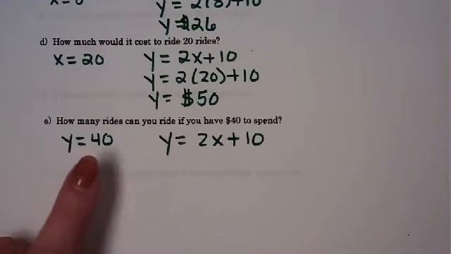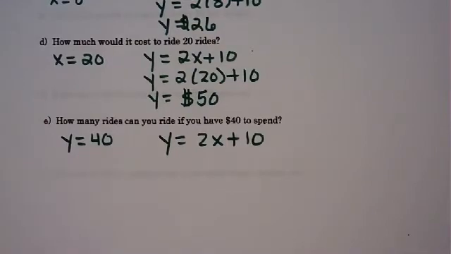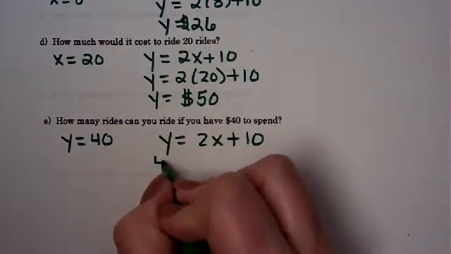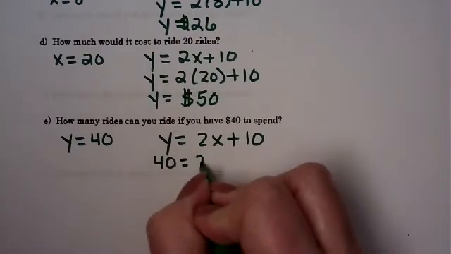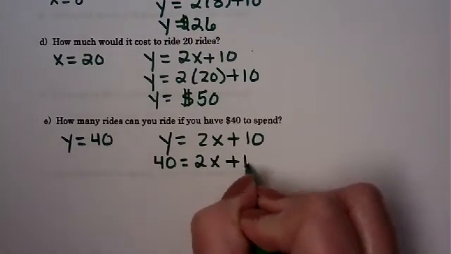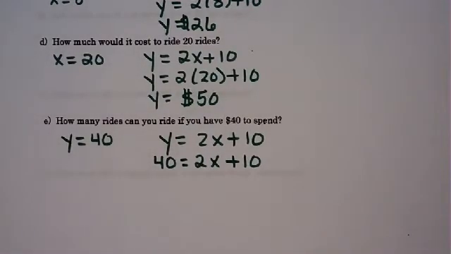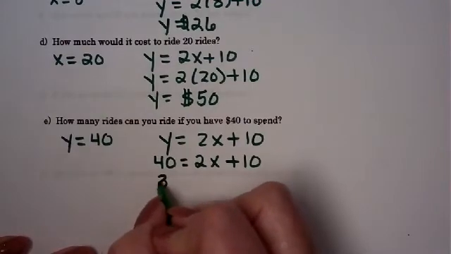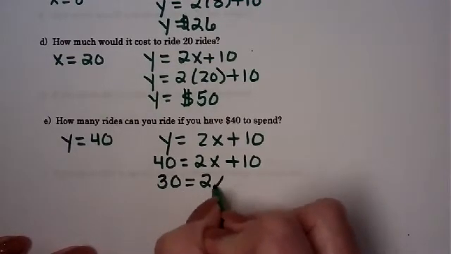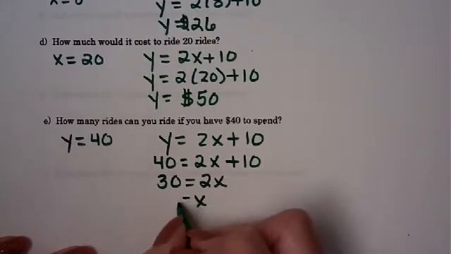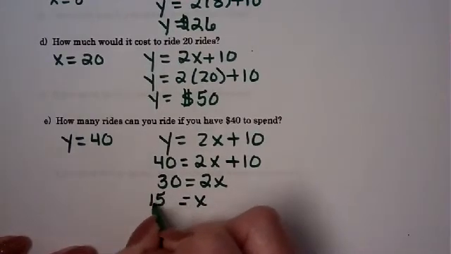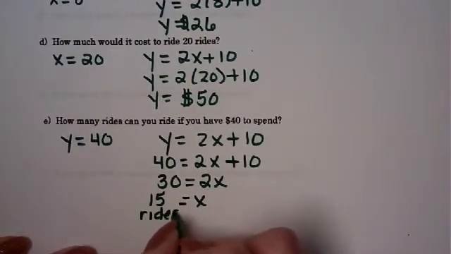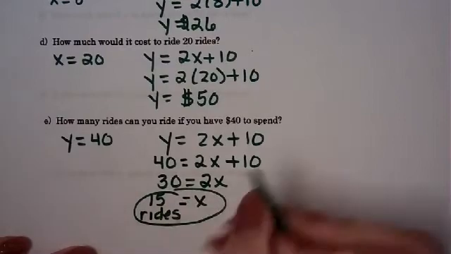But this time I'm going to put the 40 in place of the cost or the y. So I've got 40 equals 2x plus 10. Now, all I'm going to do is solve this two-step equation for x. So I'm going to subtract the 10. So I've got 30 equals 2x. And then divide by the 2, so x equals 15. What does that mean? I can ride 15 rides.